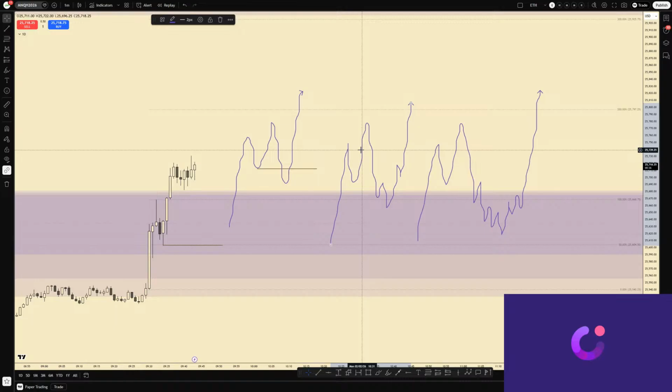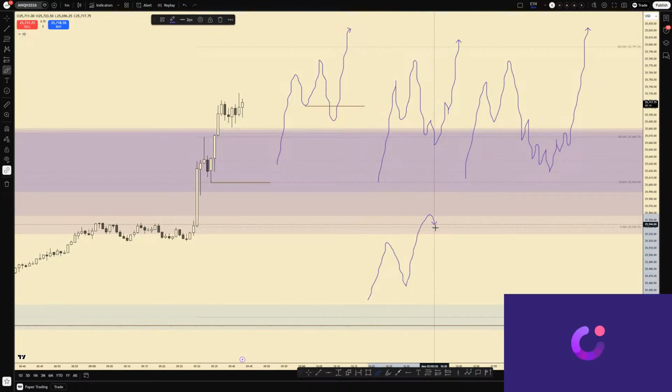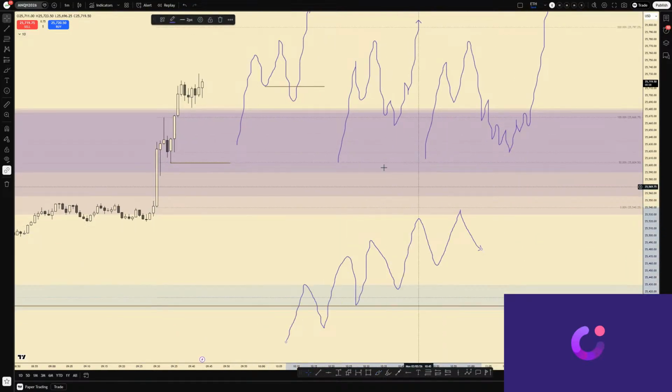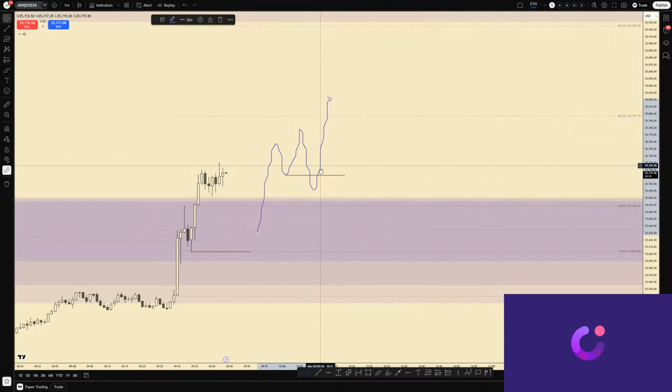If price is expanding, we assume that it might keep expanding. And if price is just making deep retracements like this, leaving wicks, etc., we assume that this might be the case for all of the day, okay, until price proves otherwise.